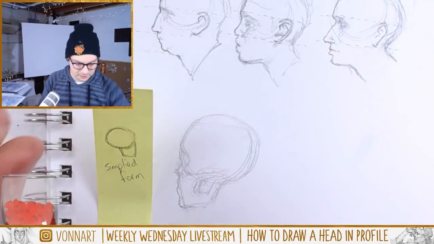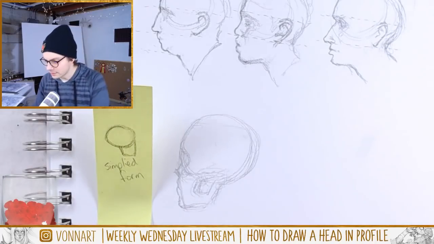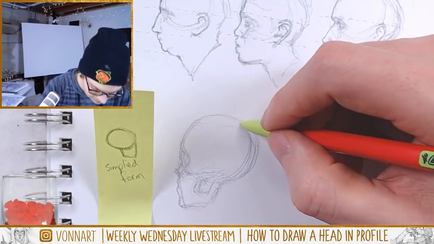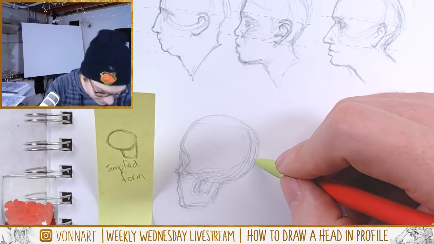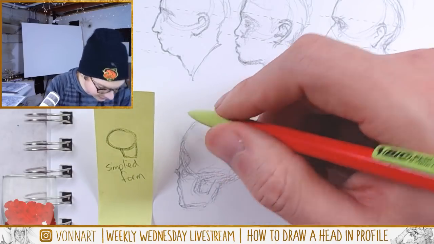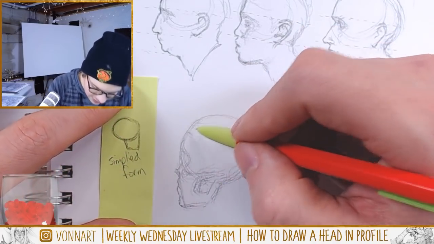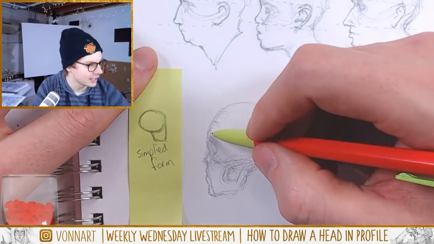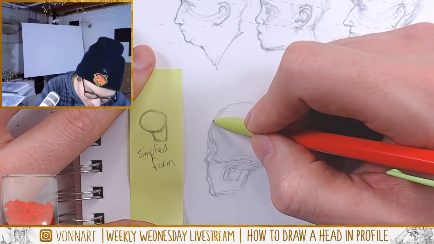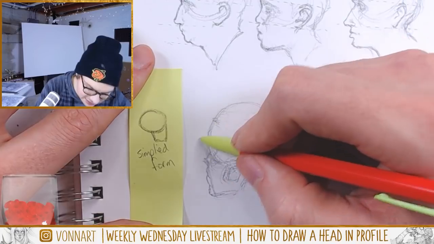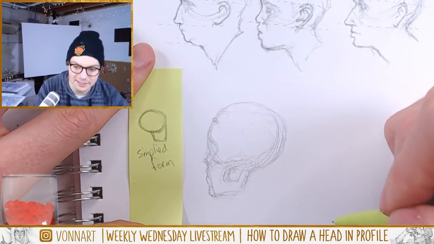Something like that. Remember the bumpiness in the head. Don't want it to be perfect. And I'll usually make a little indication mark as to where I think the top of the forehead would be. That allows me to base the rest of the lines off of.